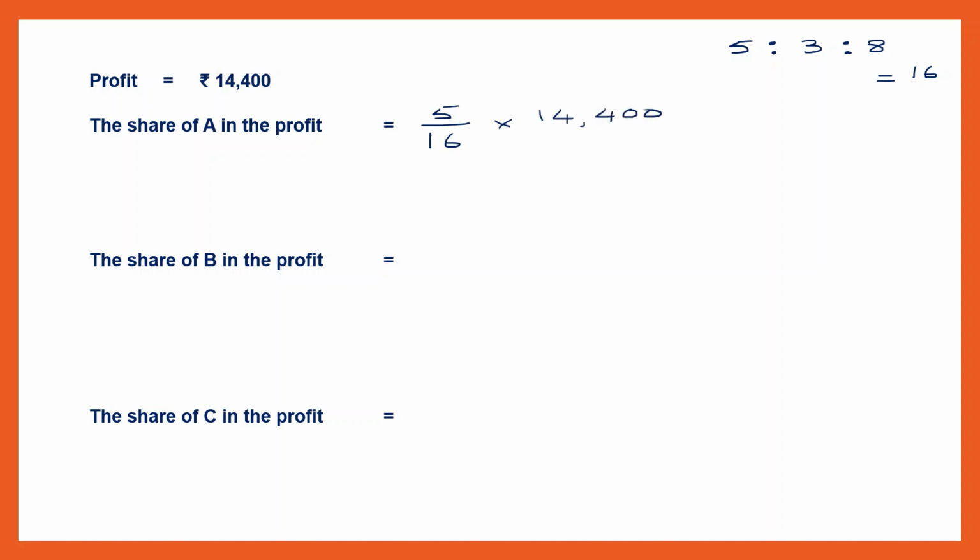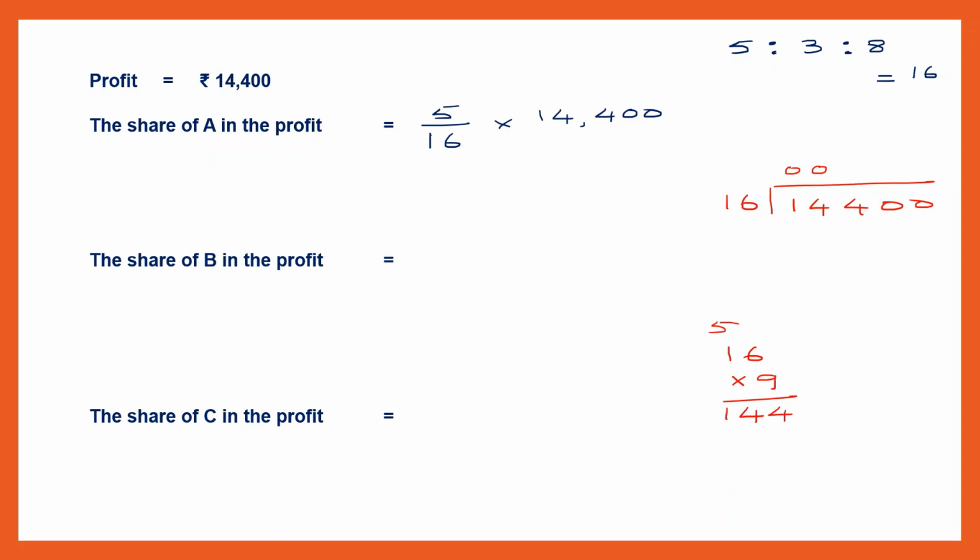The profit is 14,400. Now we can cancel 16 and 14,400. Let's divide 14,400 by 16 and see what we get. 1 is small, then we take 4, 14 is also small, now 144. Let's try 16 into 9. 9 sixes are 54, carry 5. 9 ones are 9 plus 5 is 14.